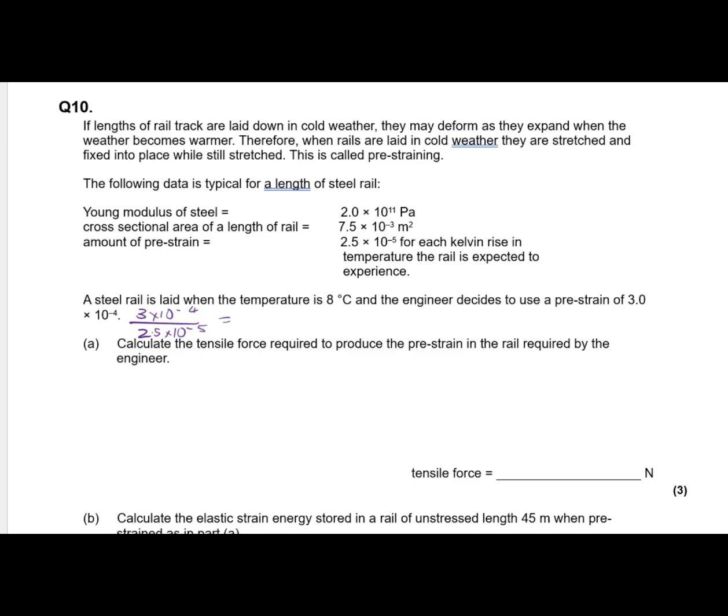That is equal to 12. So it's 12 degrees Kelvin, which is the same as 12 degrees Celsius. So they're expecting the max temperature to be 12 on top of the 8, so it's 20 degrees Celsius. Okay, so that's what that means.